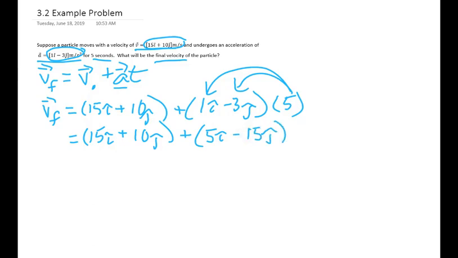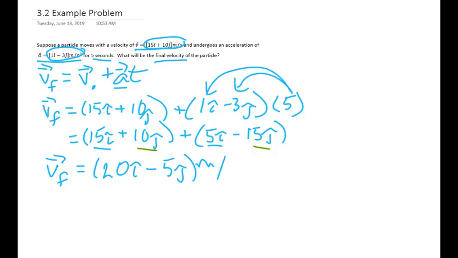And now for vector notation, you're going to combine the like terms. So ultimately, I'm combining my I hats and I'm combining my J hats. So my final velocity will equal 15 plus 5, so 20 I hat, and 10 minus 15, so minus 5 J hat meters per second.